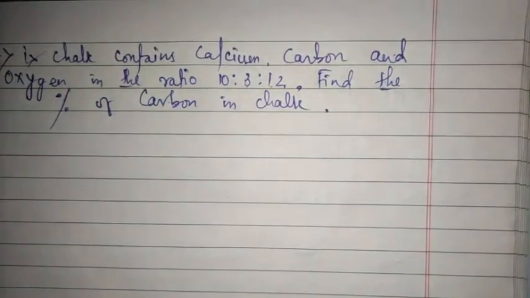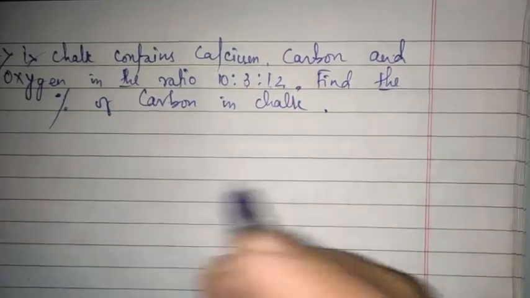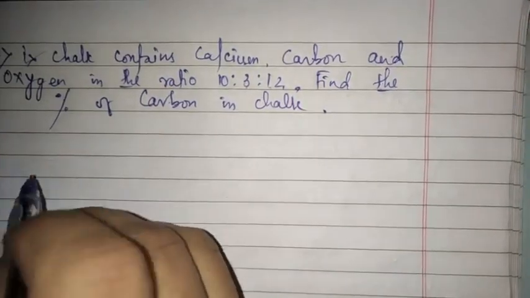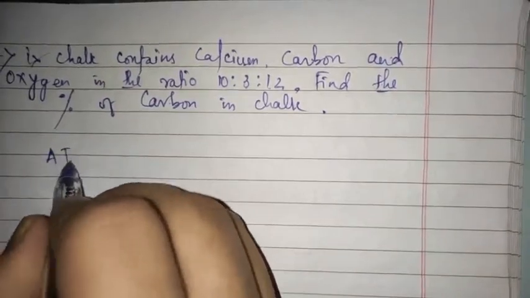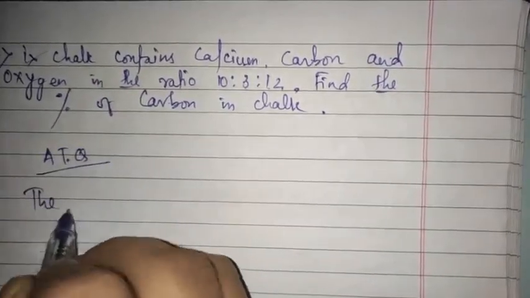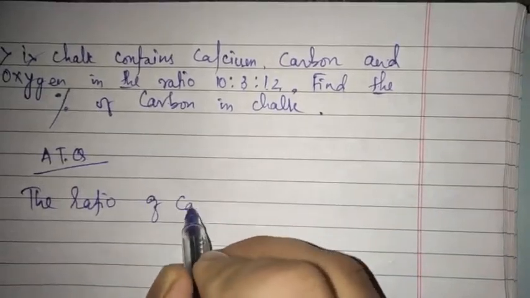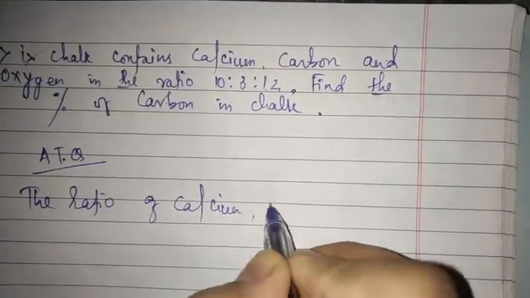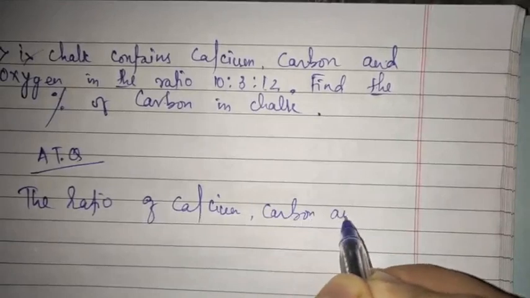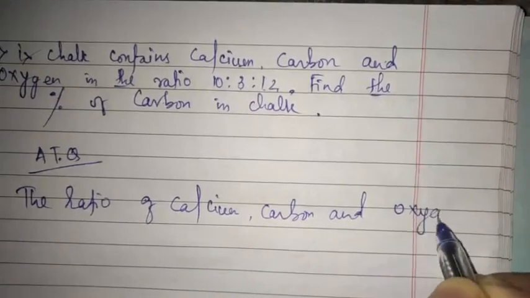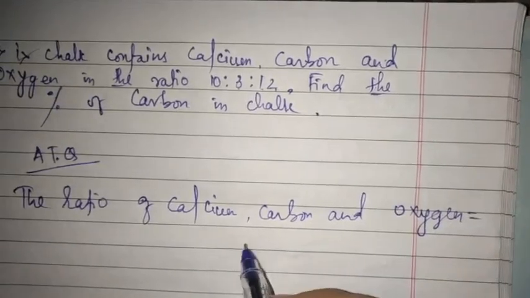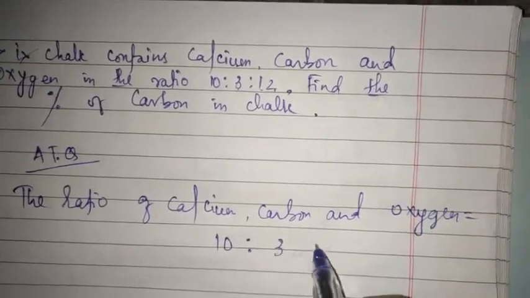In our previous class we have done the sums related to ratios, right? So according to the question, the given thing first of all you have to mention. The ratio of calcium, carbon and oxygen is equal to 10:3:12.